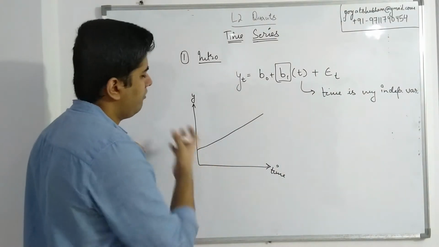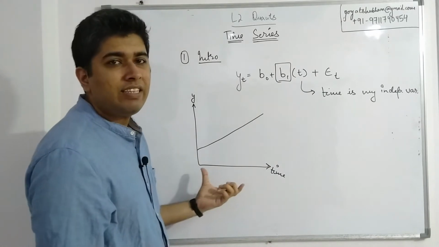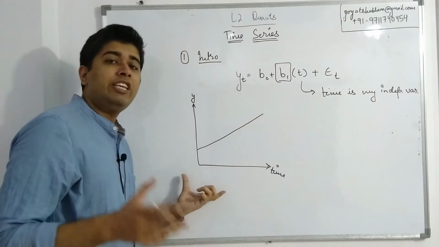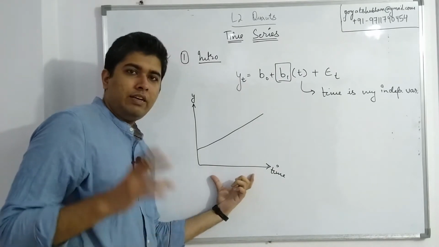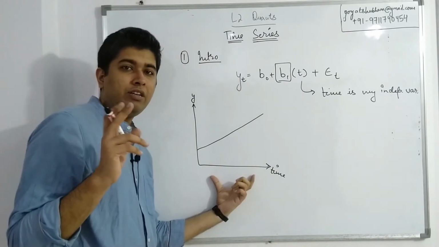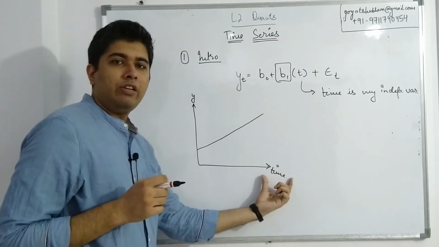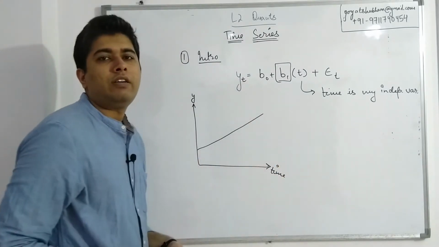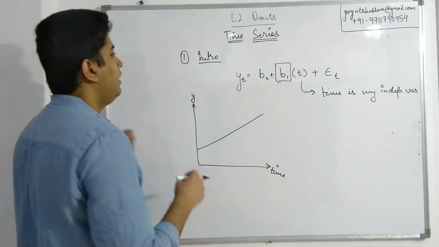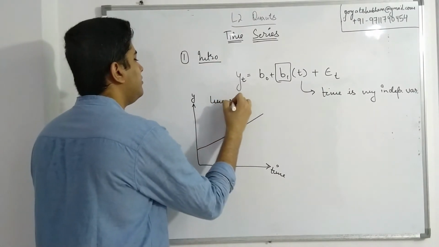If b1 is negative, it would be downward sloping. Now, if you remember, this is the exact same graph we had for linear regression as well. The only thing that has changed is on my x-axis, I used to have my independent variable, but in the case of time series, I have time. So now I'm looking at y as time passes by. So this is my linear trend.